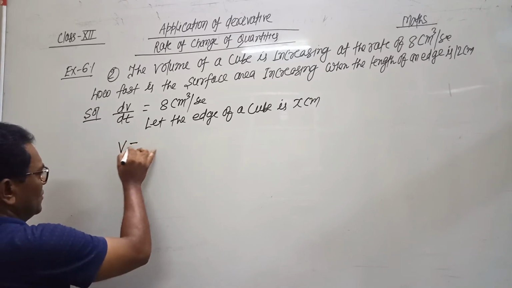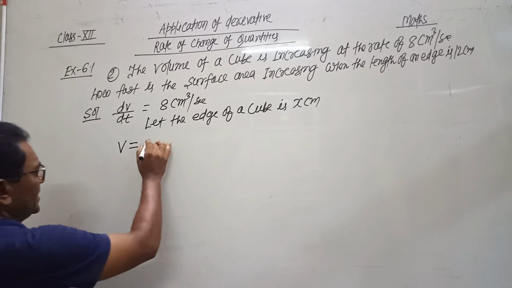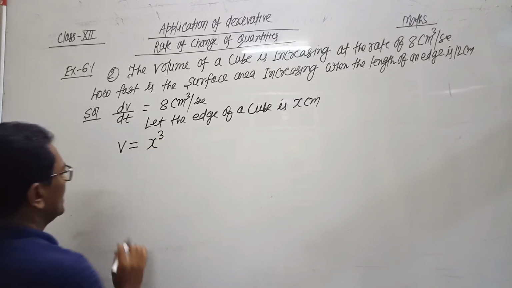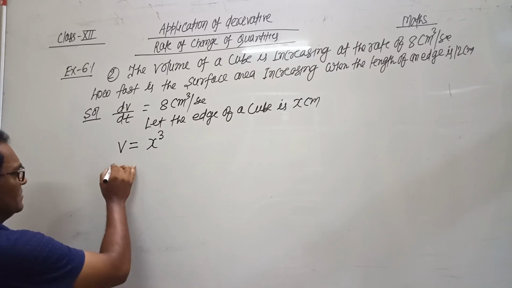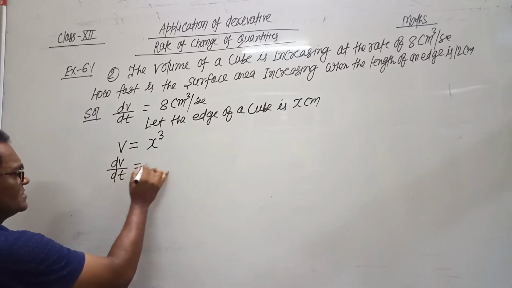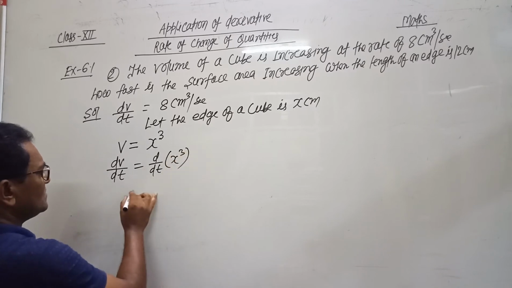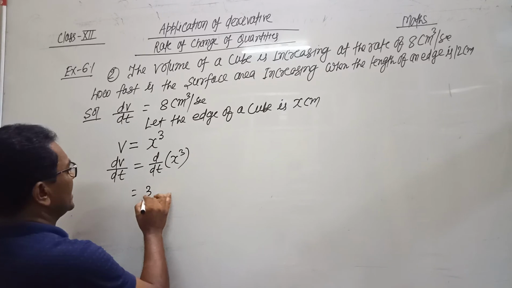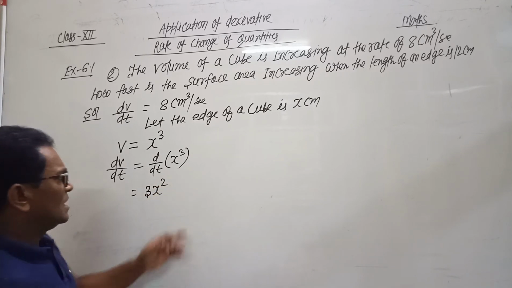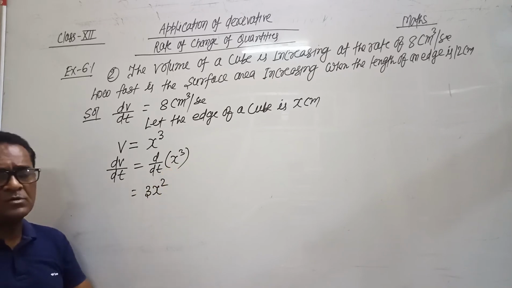We write the formula for the volume of a cube. The volume of a cube is x cube, and now we differentiate with respect to time. So differentiation of V with respect to t, dV by dt, is d by dt of x cube. And differentiation of x cube, x raised to the power n, gives 3x square. Now draw the chain rule: differentiate x with respect to t.